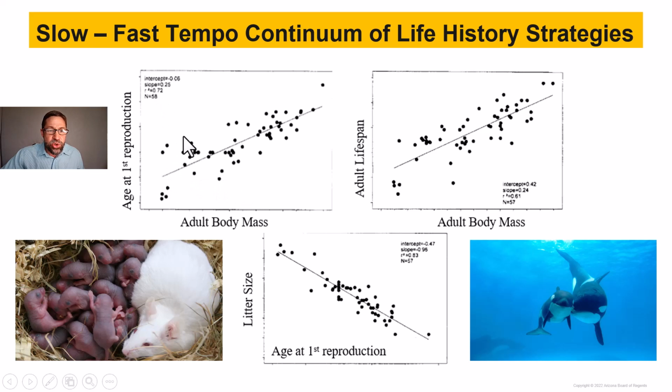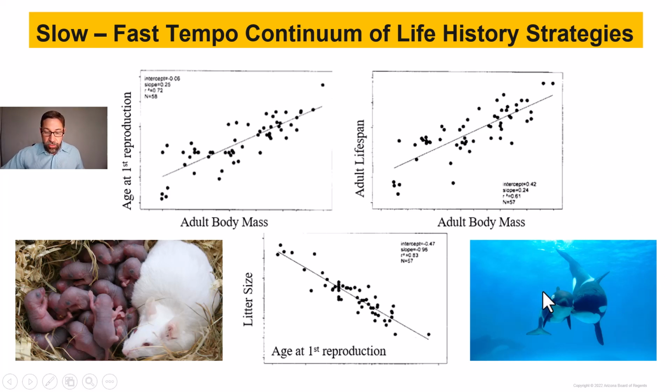So 72% of the variability in the age at first reproduction in mammals is predicted by adult body mass. Similarly, larger bodied animals like elephants and killer whales tend to live longer. So female killer whales can live more than 50 years in the wild.